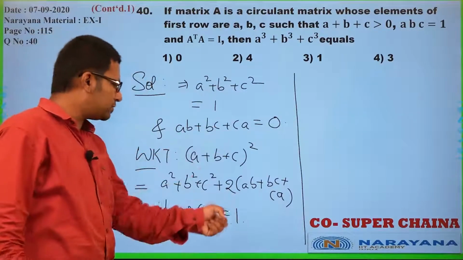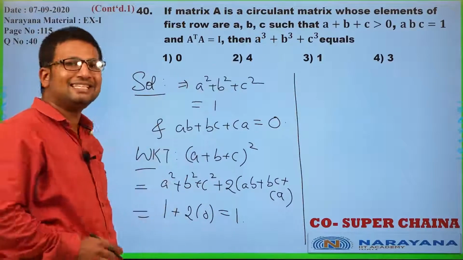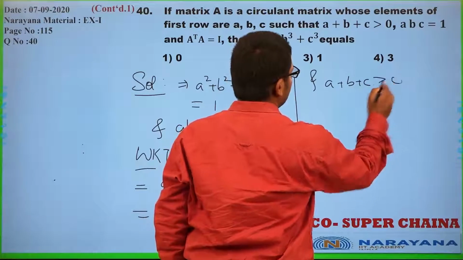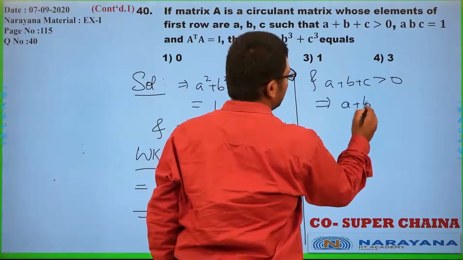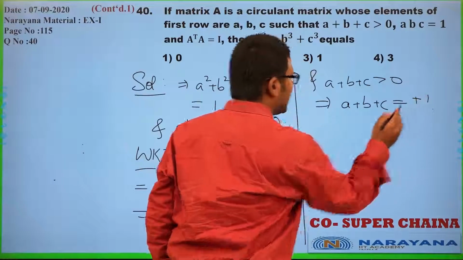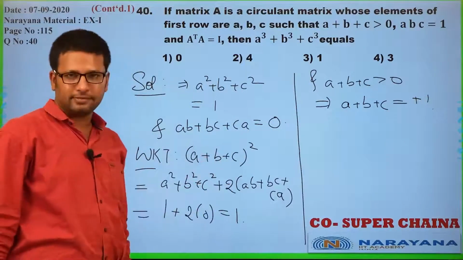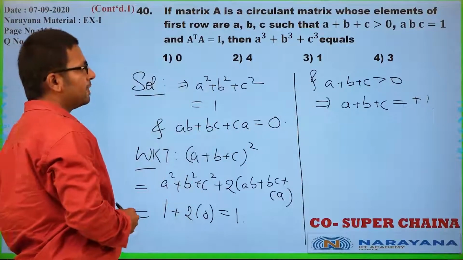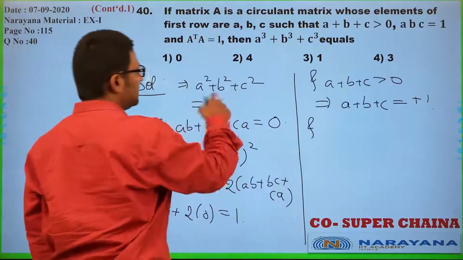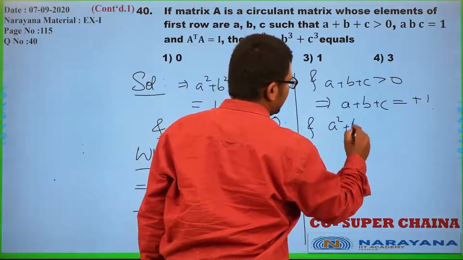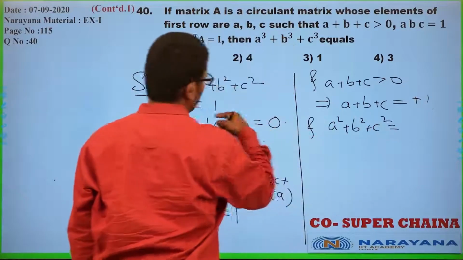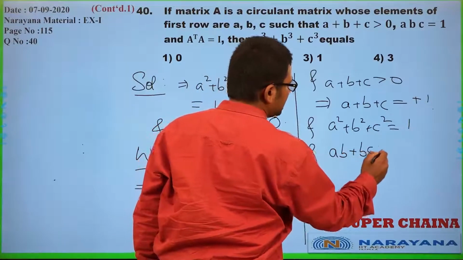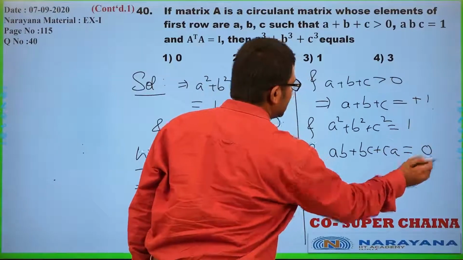Now (a + b + c)² is 1 and it is given a + b + c is greater than 0, which means a + b + c must be equal to plus 1, and not minus 1. So now we have a + b + c is 1, and we have figured out that a² + b² + c² is also 1 and ab + bc + ca is 0.